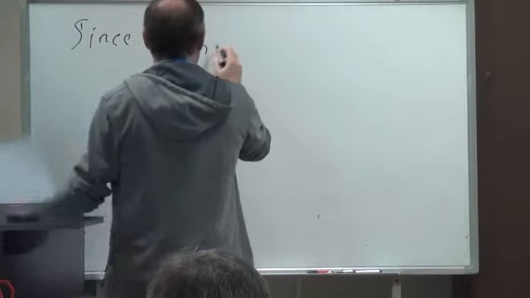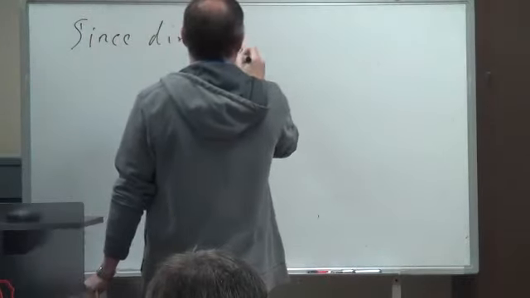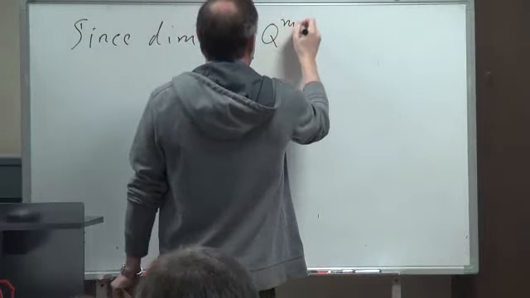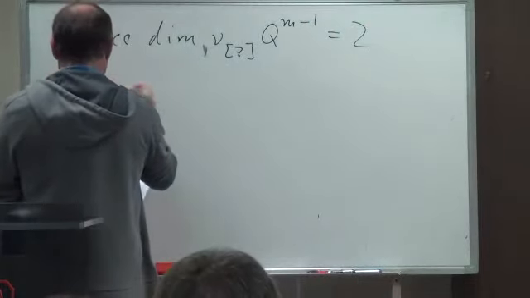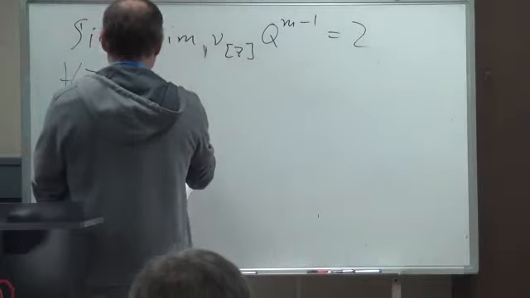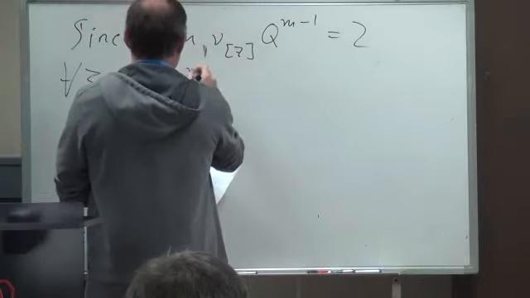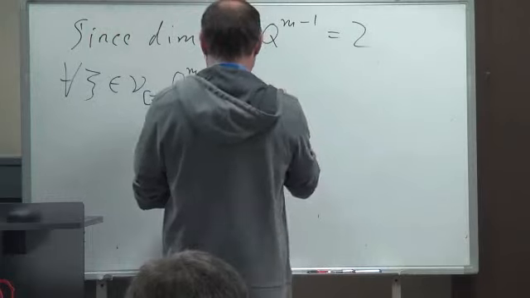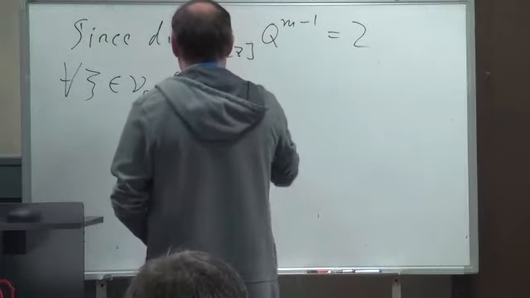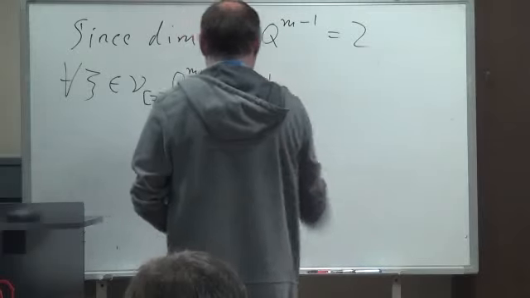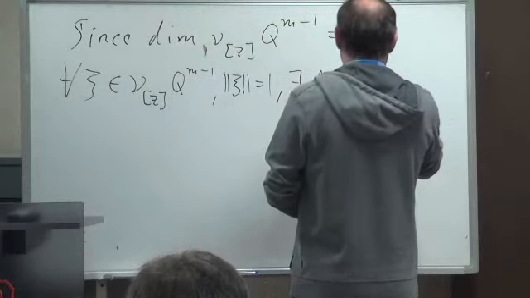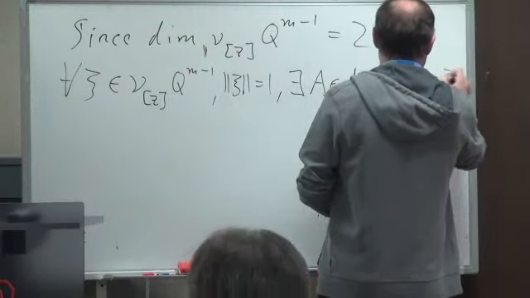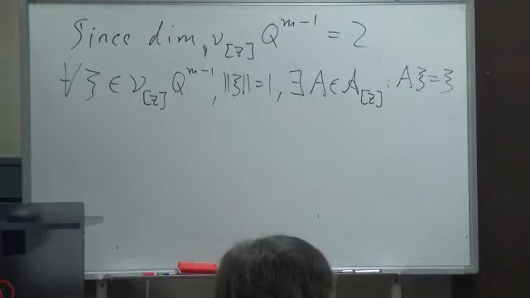So since the dimension of the normal space of the quadric is equal to 2, we have that for every normal vector of the quadric, let's say of length 1, we are only interested in unit normal vectors, there exists a complex conjugation which fixes the normal vector.